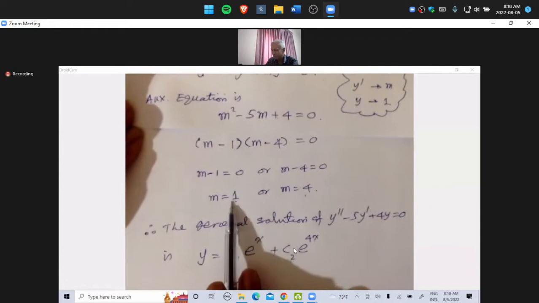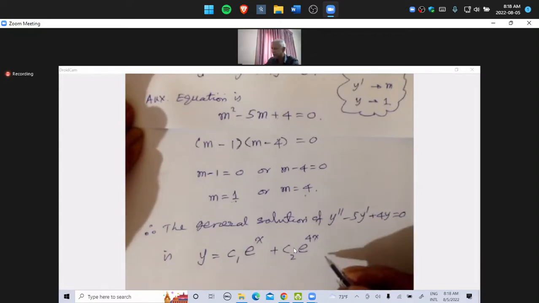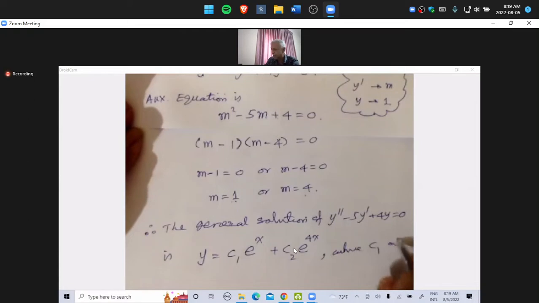That is the case that we just reviewed: y equals c1 e to the m1x plus c2 e to the m2x, where c1 and c2 are arbitrary constants.